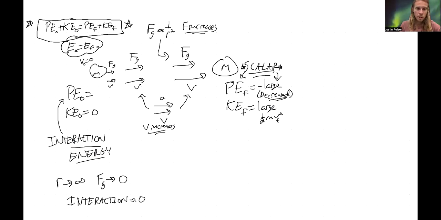Which means the interaction energy is zero. If that just clicked, you're on it. If that's going to take a moment, rewind that. But that's the logic. And that's why we need to define potential energy as the energy of an interaction.